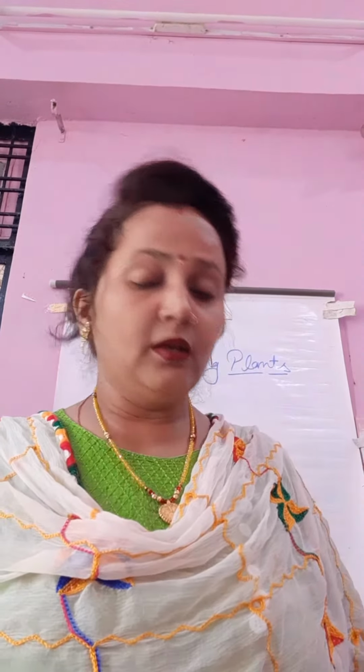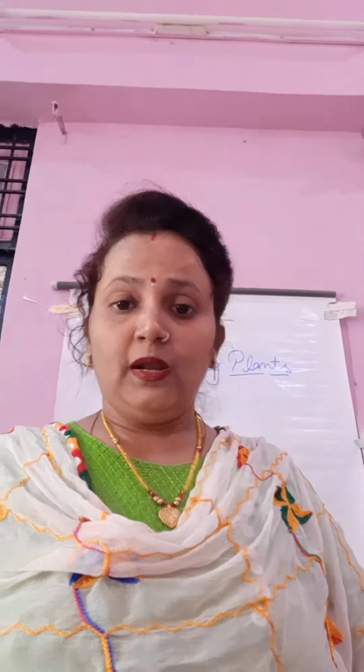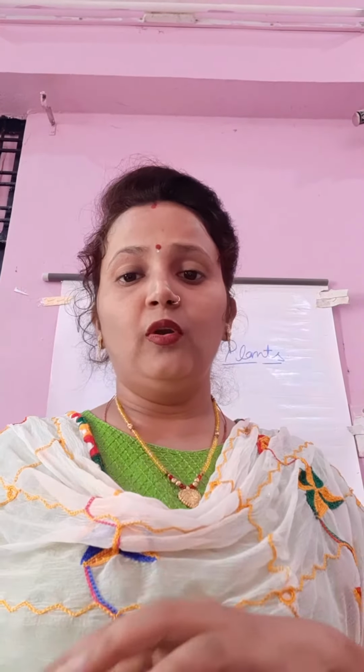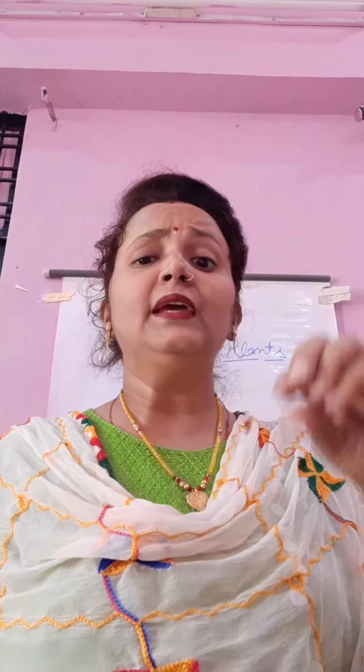Black soil is very good for the cotton plant and provides enough nutrients to it. Where you all are living, the alluvial soil, clay and loamy soil are good for the rice crop, because they can hold a large amount of water. The rice crop needs more water, so it is good for the rice crop.